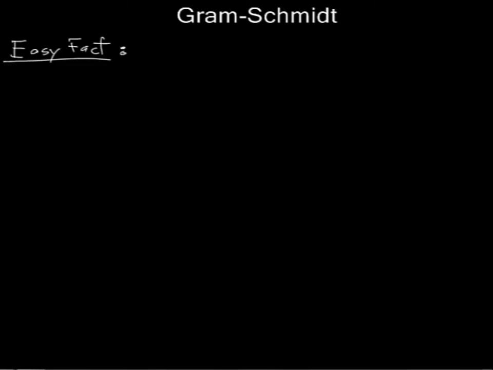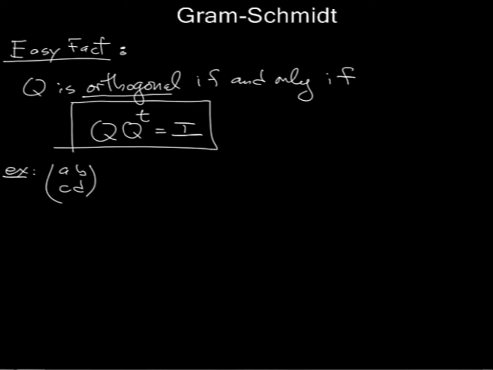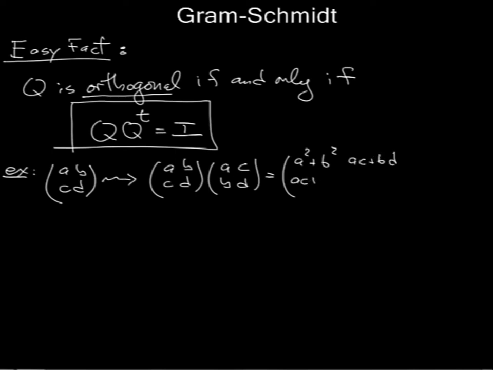Okay, there's a very easy fact, and I recommend that you think of orthogonal matrices this way. A matrix is orthogonal if and only if Q times Q transpose is the identity. That's interesting. Why is that? Well, let's look at a 2x2 example. Suppose you have a 2x2 matrix and you ask if it's orthogonal. If you look at this condition, QQ transpose, and you write it out, you get a squared plus b squared, ac plus bd, ac plus bd, and c squared plus d squared.